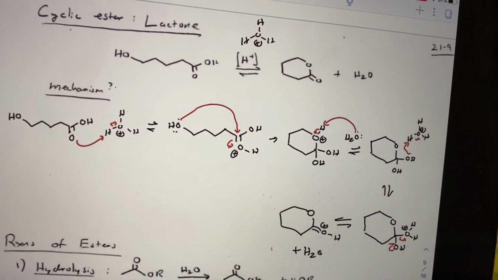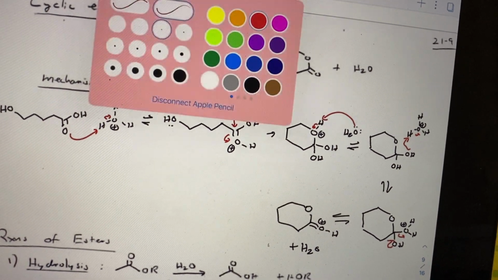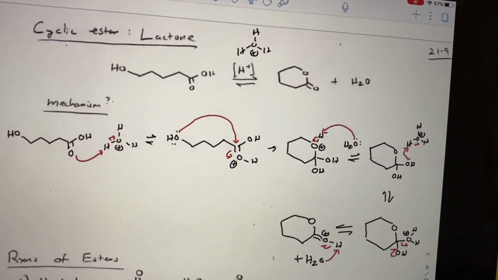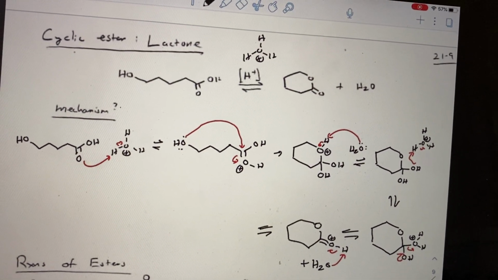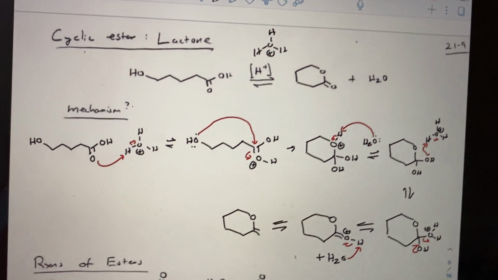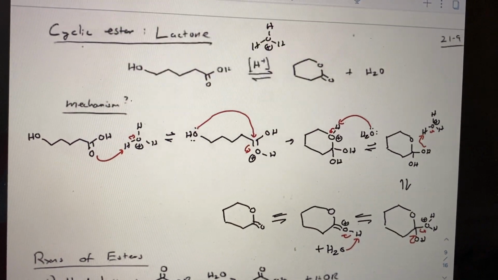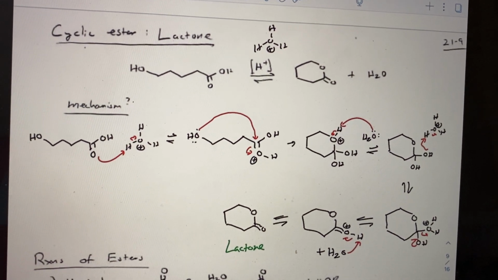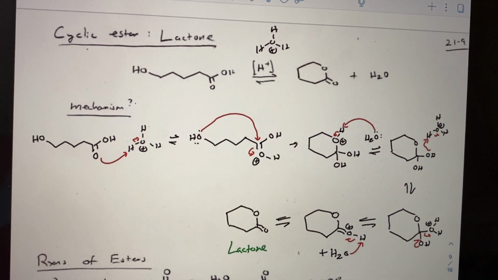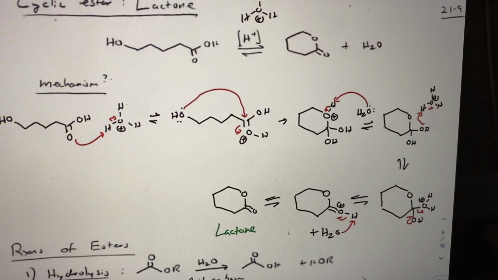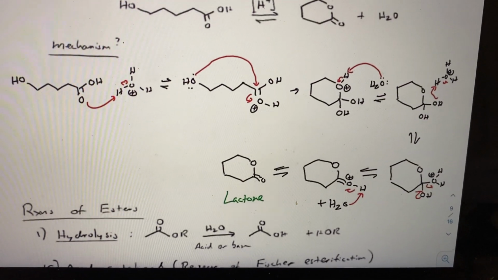And now all we have to do is deprotonate here to generate our final product, our cyclic ester, or lactone, as it's known. So same idea with the mechanism, but intramolecular.